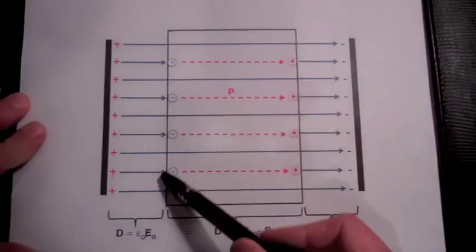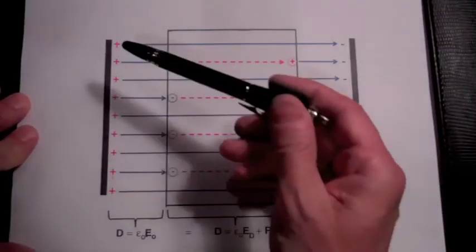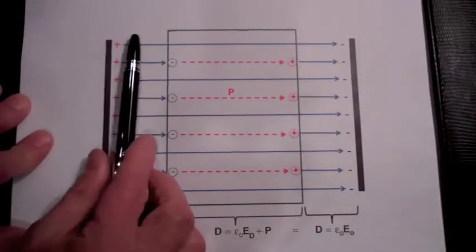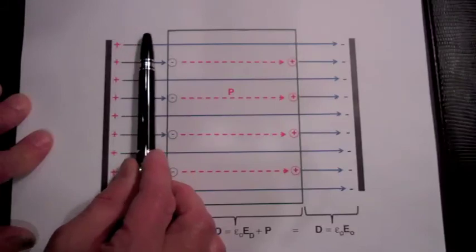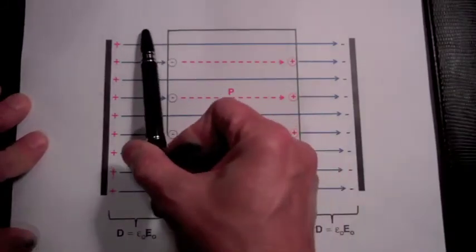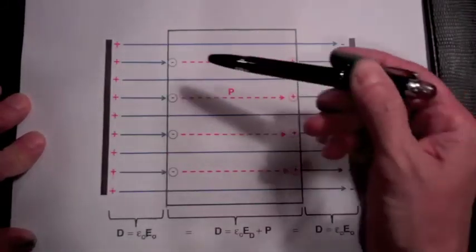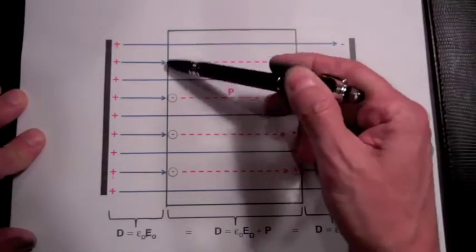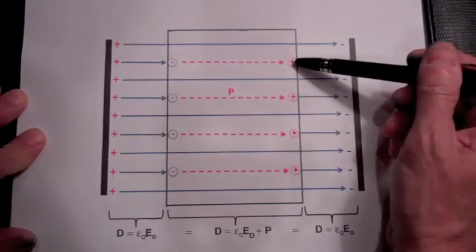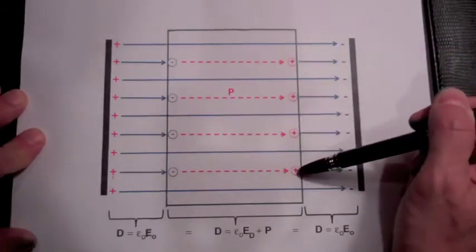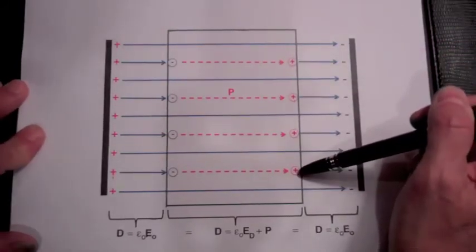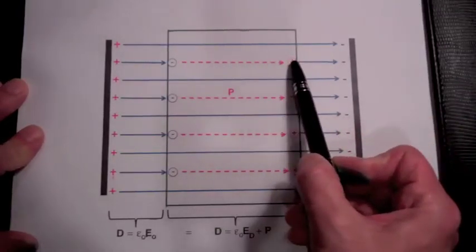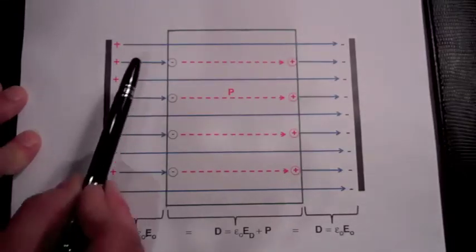So here I've placed the dielectric between the plates. The free charge on the two plates is the same, so the electric flux density emanating from those plates will not have changed. It will be D throughout. Here is the bound negative charge on the left-hand surface of the dielectric and the bound positive charge on the right-hand surface. So the polarization field is going to go from the minus bound charge to the plus bound charges.